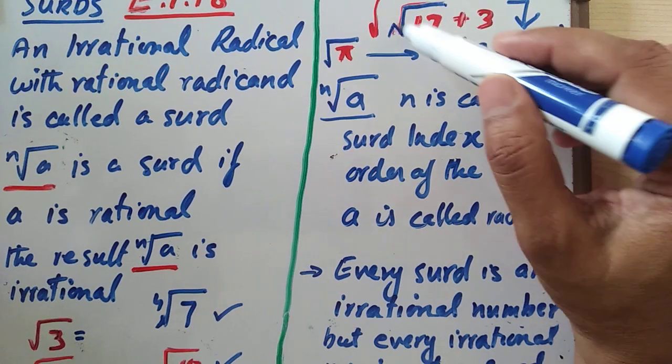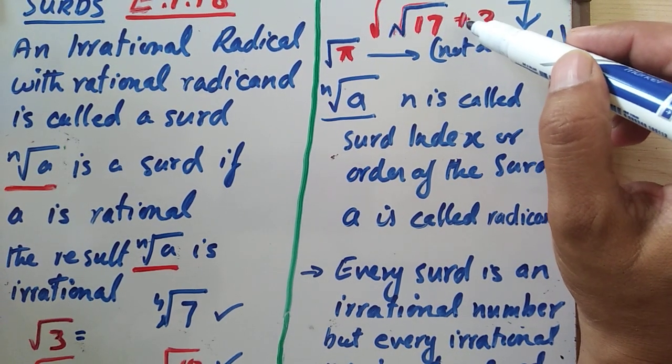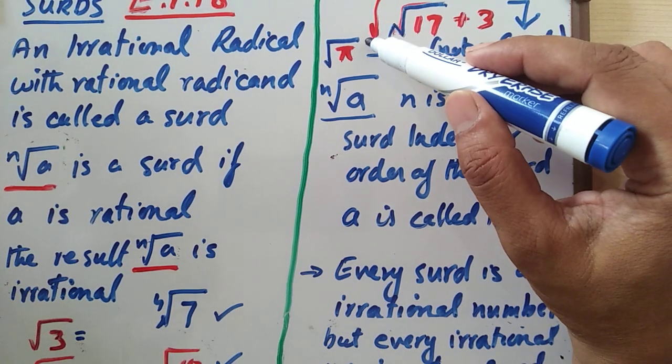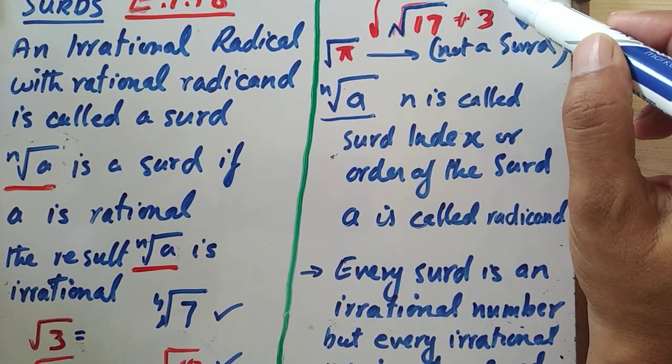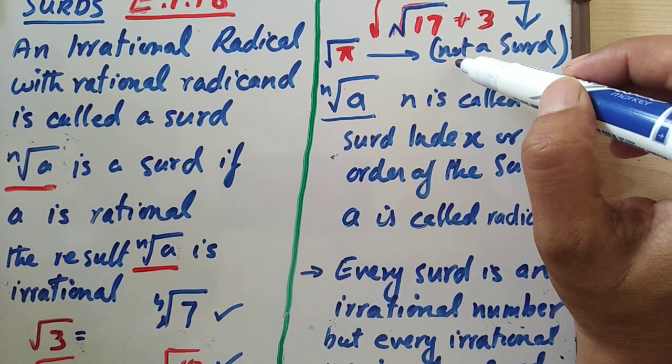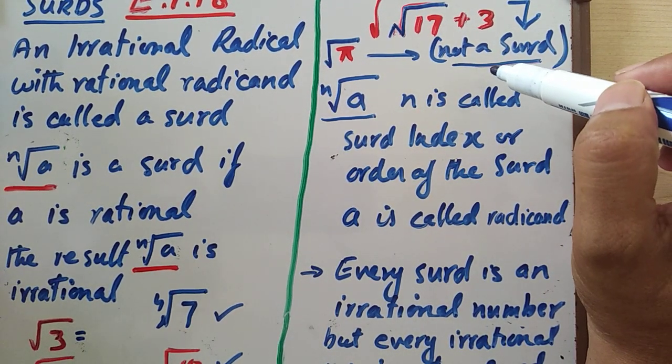So that means this is a surd. Now we have added a number, that is 3, to this number, and again introduced a square root. Now this makes this number not a surd, right?